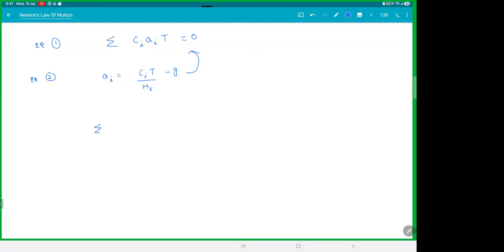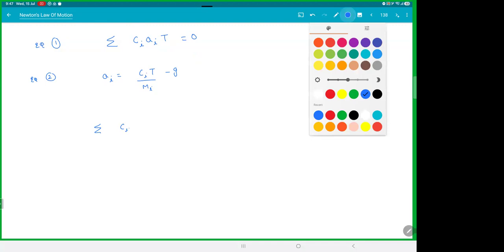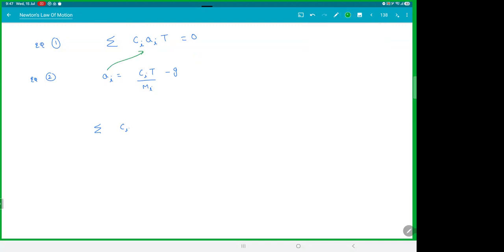Then you end up with sigma Ci. So take Ai from here and substitute here. Ci by Mi T minus G into Ci into T is 0. Expand this. This would be Ci square. So the T is anyway useless, so one T will go off.